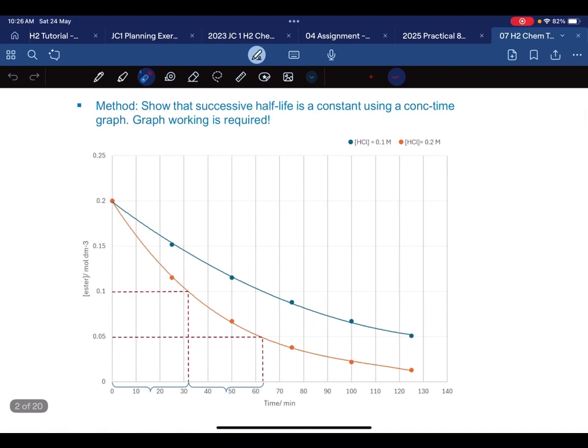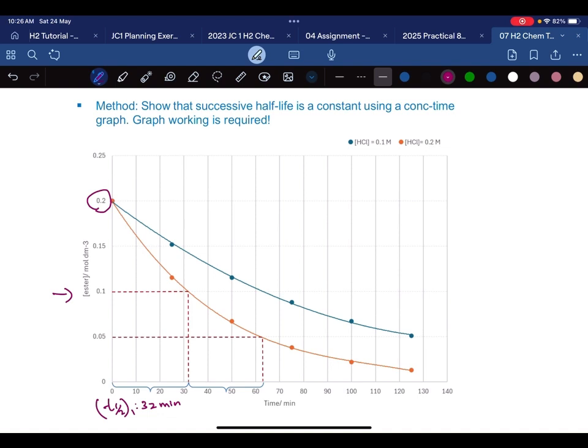So to do this, we can take any of the graphs. The initial concentration is 0.2 mole per dm cube. The time taken for my concentration of ester to drop to half, 0.1, if you read, is around 32 minutes. This will be my first T half.